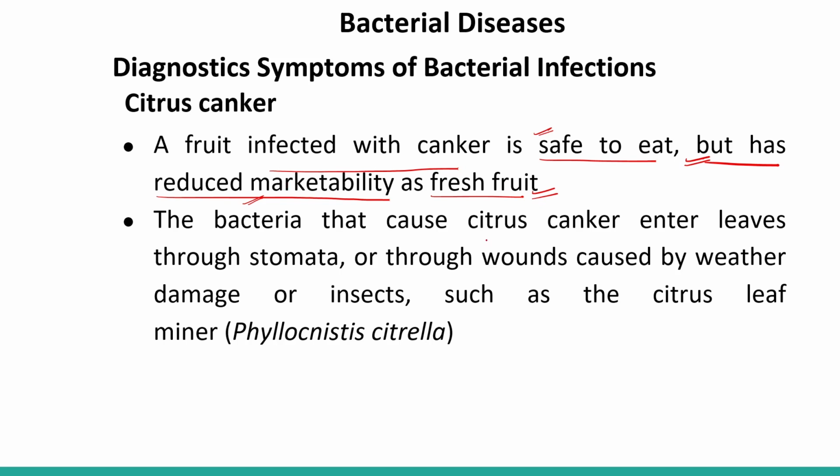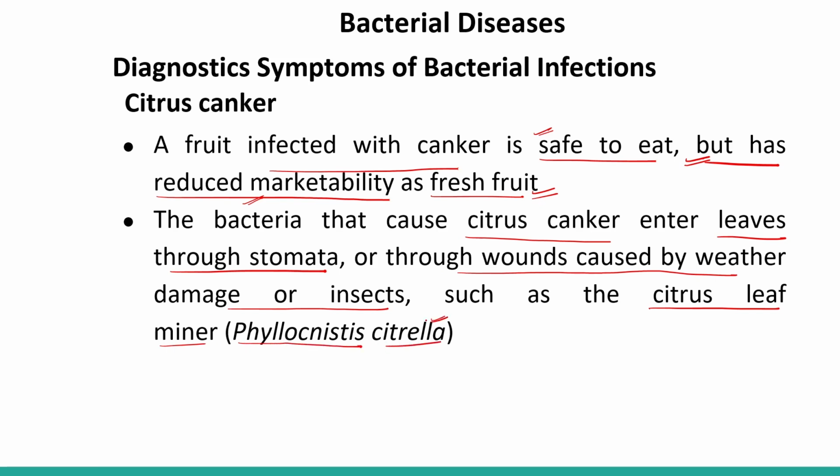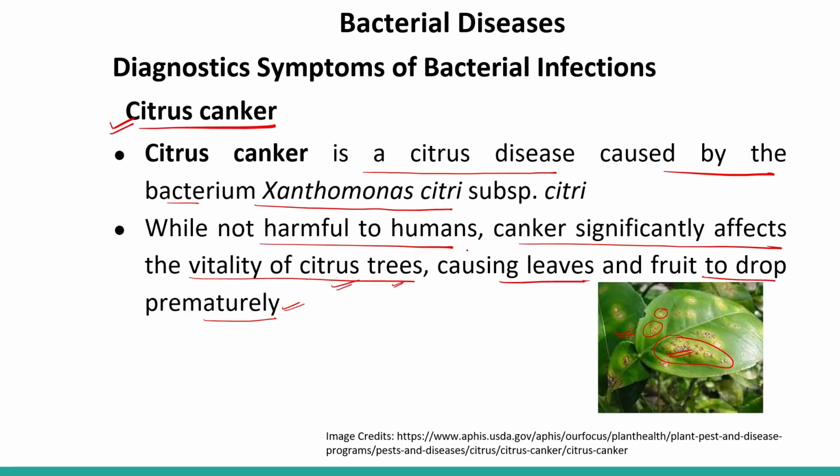The bacteria that cause citrus canker enter leaves through stomata or through wounds caused by weather damage or insects, such as the citrus leaf miner Phyllocnistis citrella, right? So these bacteria enter inside the leaves through the stomata or through the wounds.